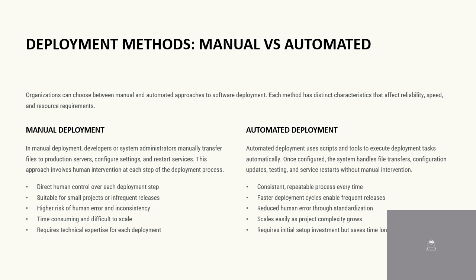Manual we can use for very small projects, which will not have continuous releases. The releases will be very infrequent. Then, as I told you already, there is a risk of human error. And automated is always fast, but manual is always time consuming, etc. So please go through all these.